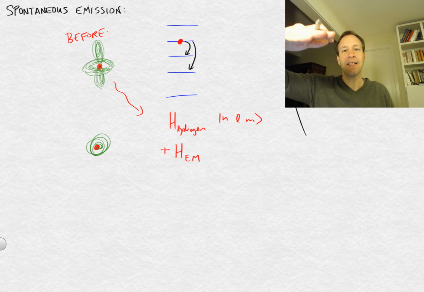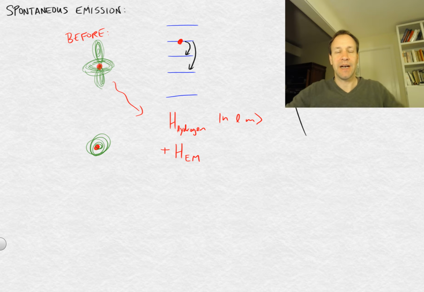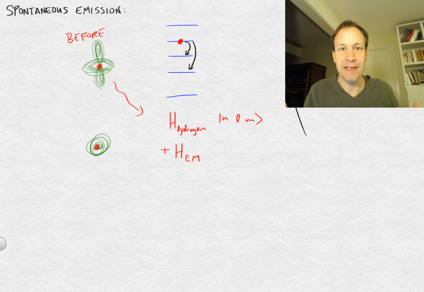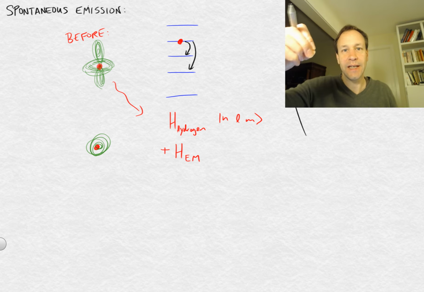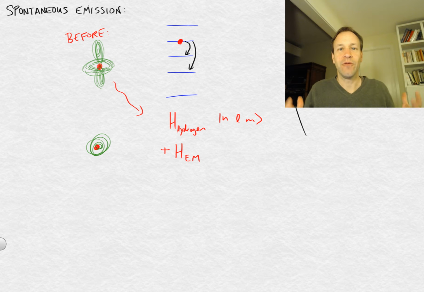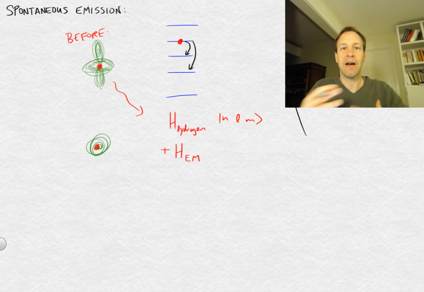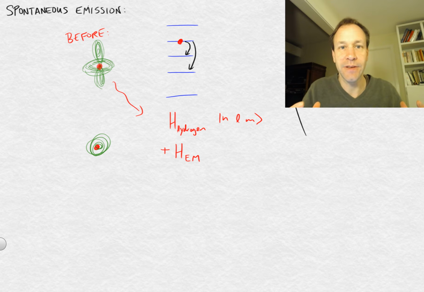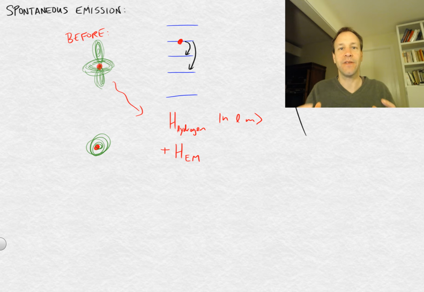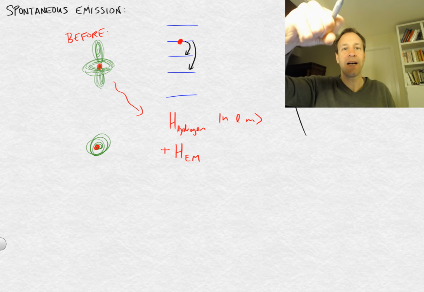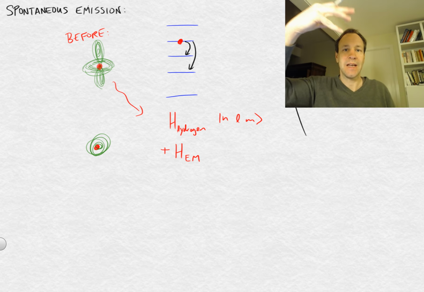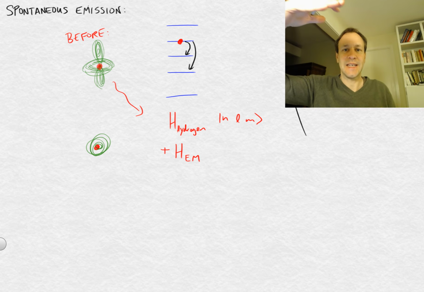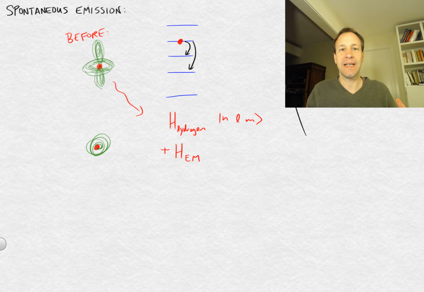But the excited state of hydrogen combined with having no electromagnetic fields, that's actually not a true energy eigenstate. It's an approximate energy eigenstate, but in reality, it's some combination of the energy eigenstates of the full system, and that means that it can evolve with time. And the way that it evolves with time is that for a while, it looks like it's just the hydrogen atom in that excited state with no electromagnetic radiation.